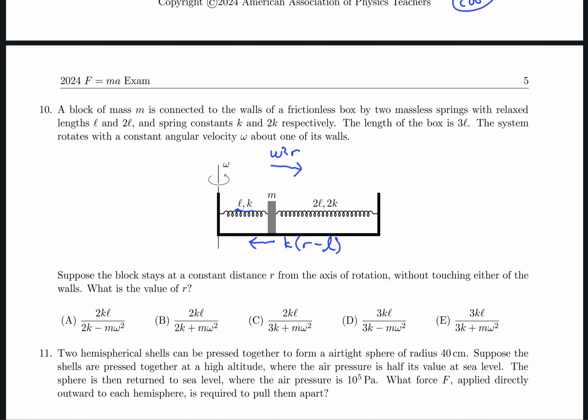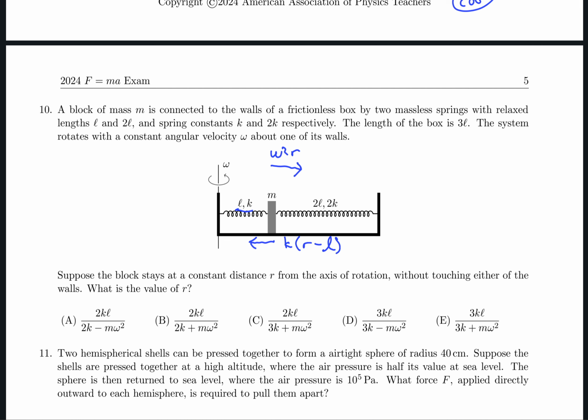I'll move it to the left side. R times (m omega squared minus 3k) equals negative 3kL. I'll just multiply both sides by a -1 to get this.